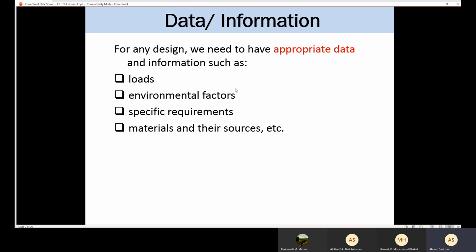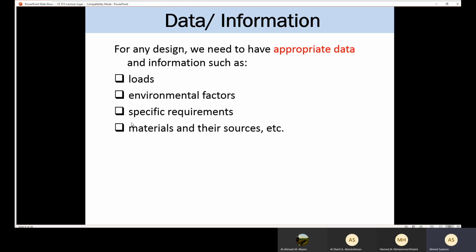For example, maybe your solution is going to be used in a hot region or cold region. So that is going to affect your design. Also, some projects have specific requirements. For example, if you want to construct a nuclear facility, you are going to have special requirements.